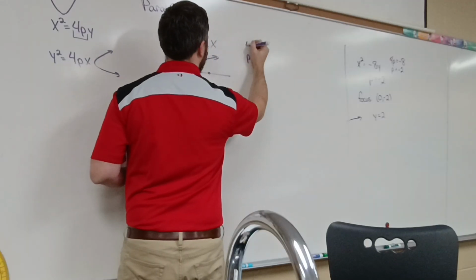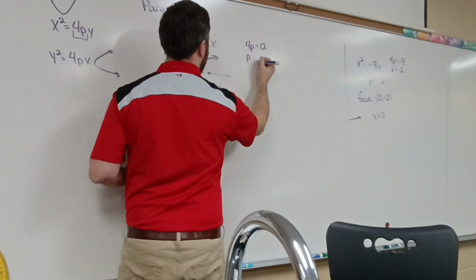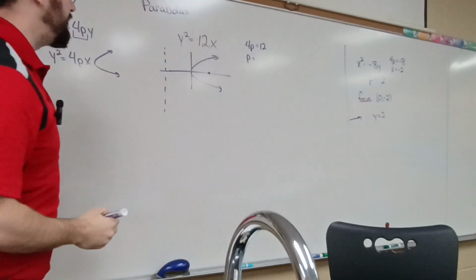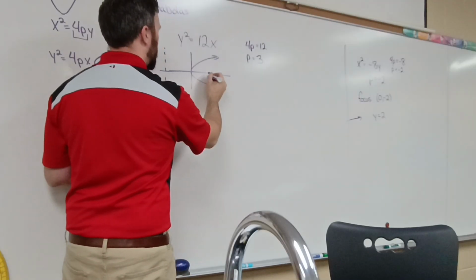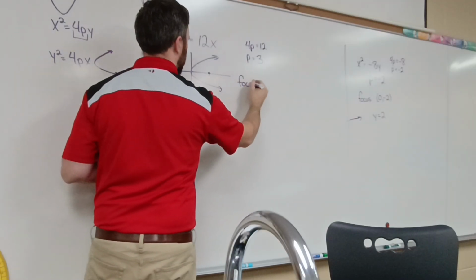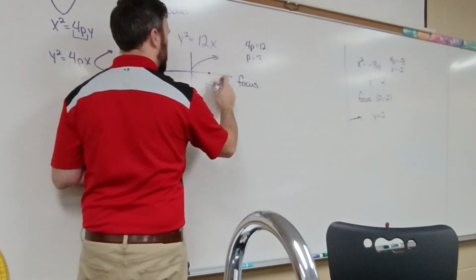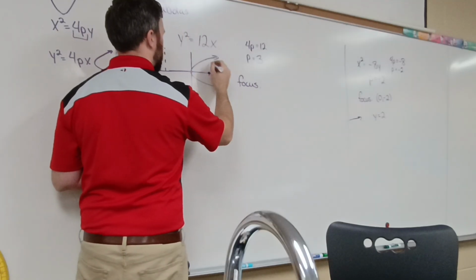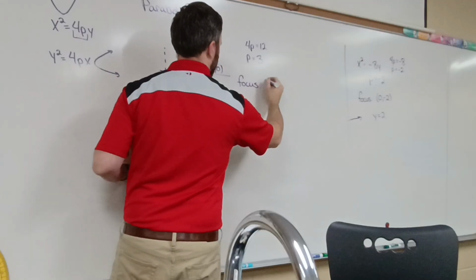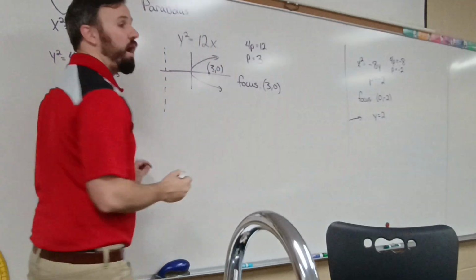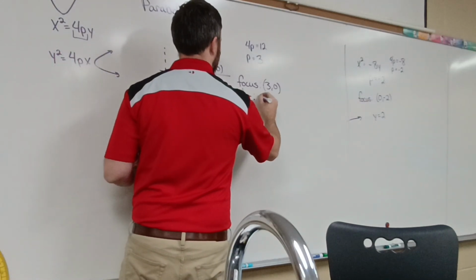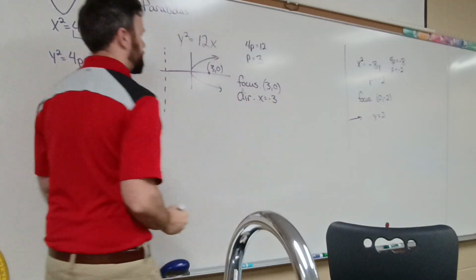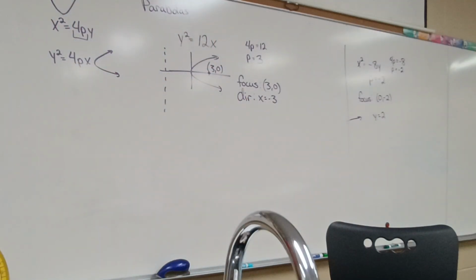Well, I'm still finding p. 4p equals 12. p equals 3. So my focus would be 3 comma 0. And my directrix now is not y equals, that line is x equals negative 3. That's it.